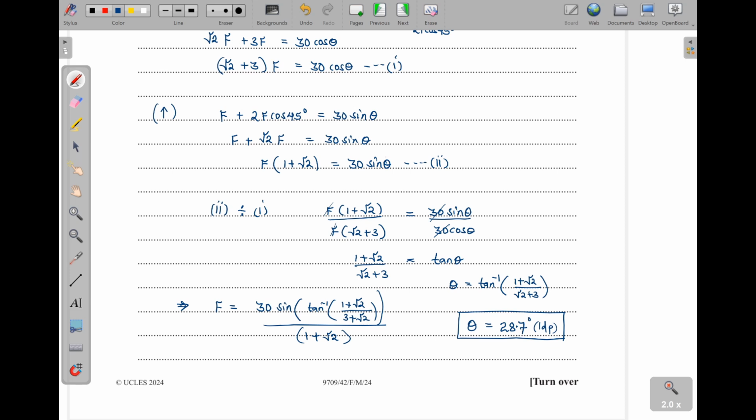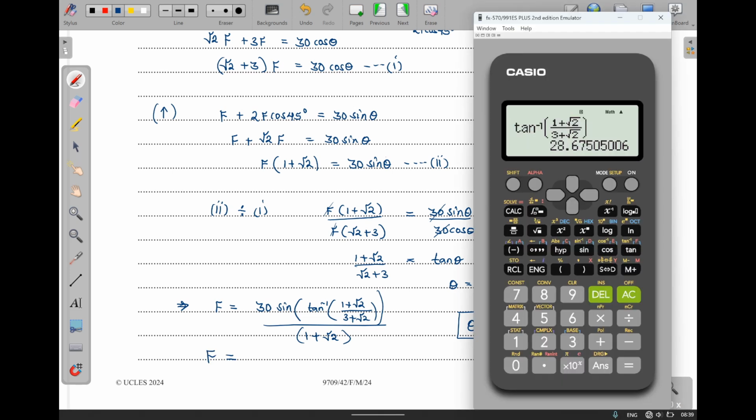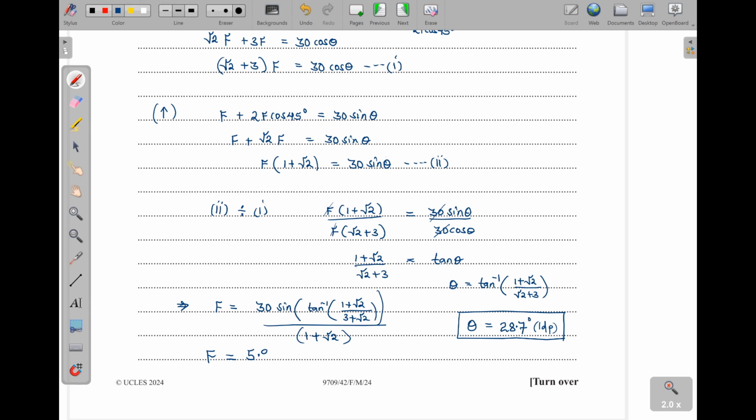So what will be F to 3 significant figures? Now I'll come to this one and I say 30 sine of that answer. Okay, like that. Then we divide by 1 plus root of 2, and it will give us 5.96 newtons to 3 significant figures. That is that.